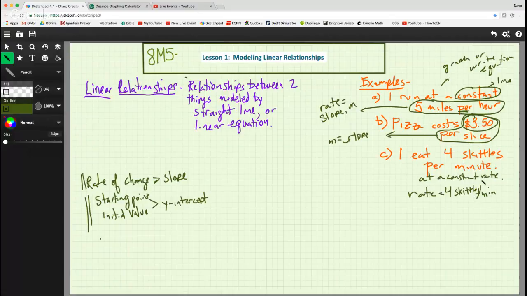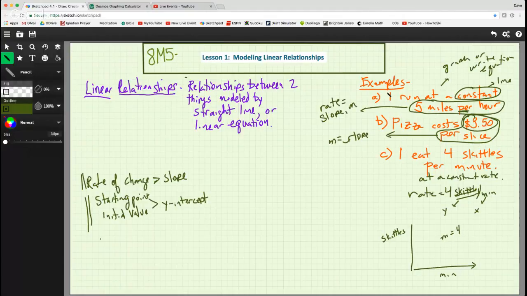Whenever we talk about a rate, the unit on top is always going to be our y, and the unit on the bottom is always going to be our x. So when we graph 4 Skittles per minute, our minutes will be on the x-axis and our Skittles on the y-axis, and our m is equal to 4.